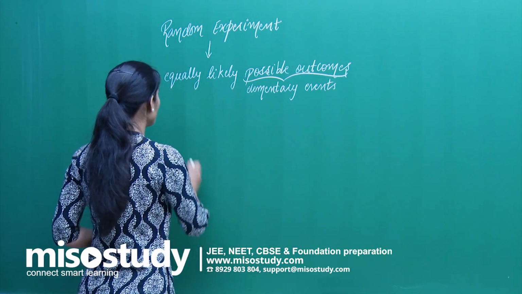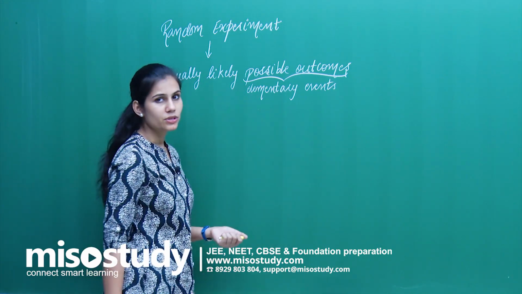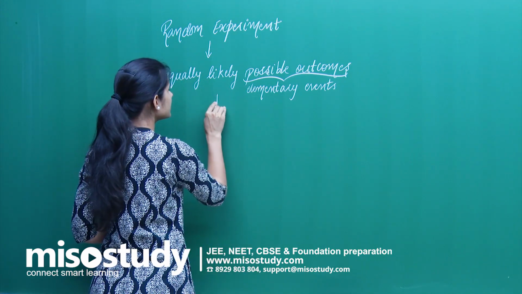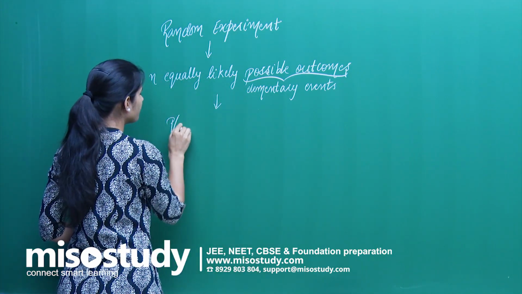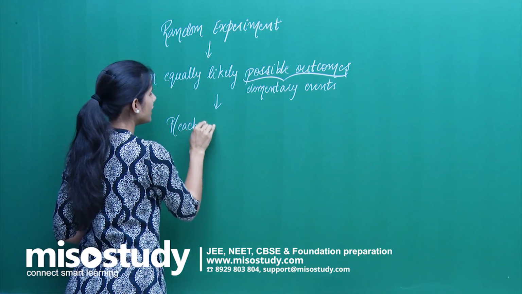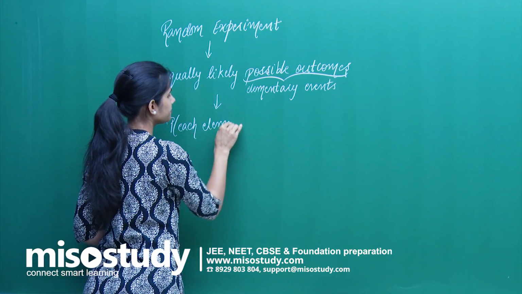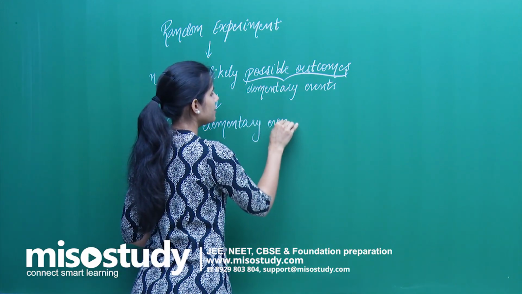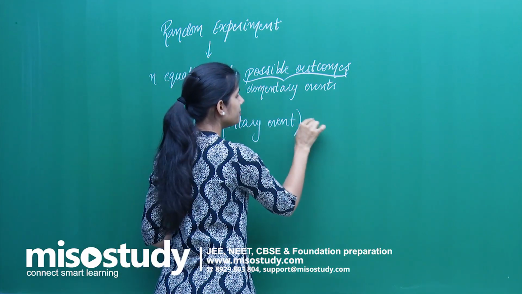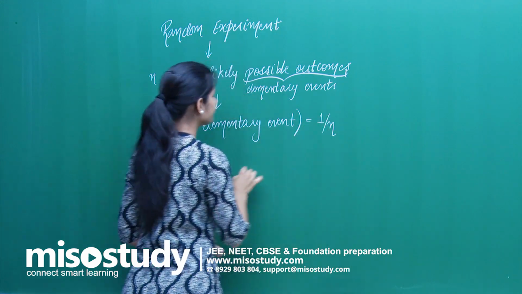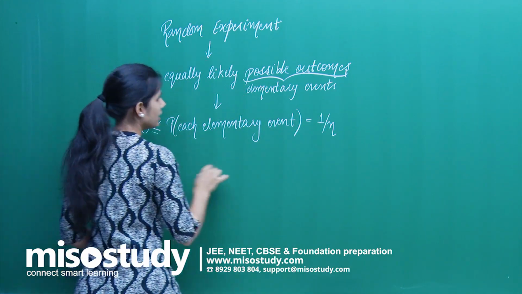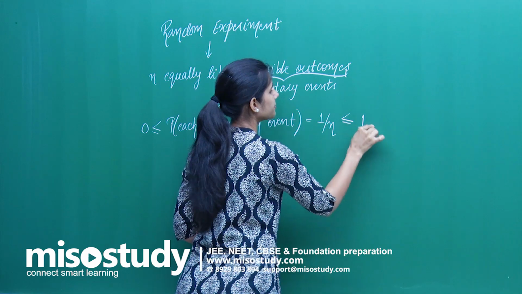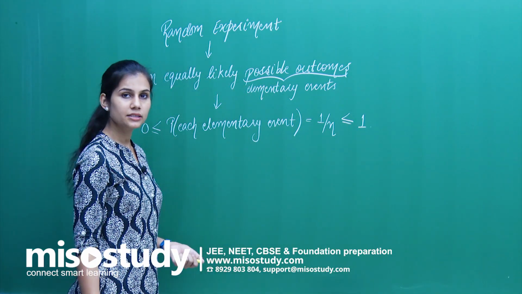Now, once you have these n equally likely possible outcomes, what did we discuss next? That the probability of each elementary event will be 1 by n, and obviously it is going to lie between 0 and 1, right?